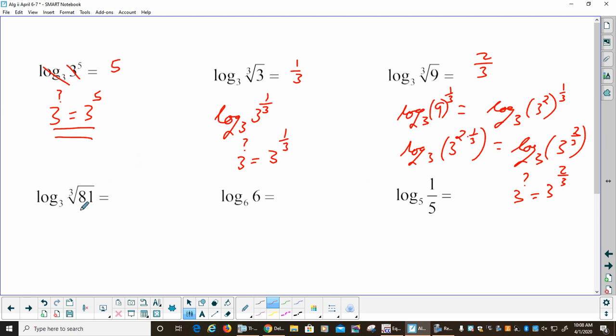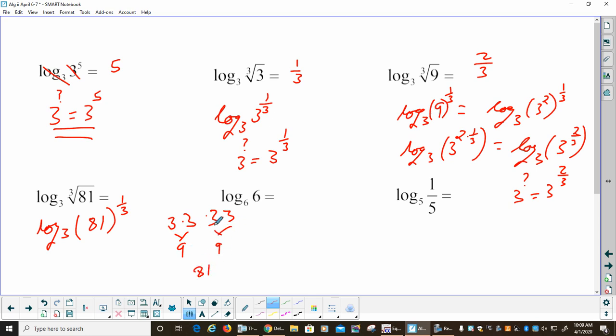Okay, that one's a little bit hard. Okay, let's try this one. It's log base 3 of 81 to the 1/3 power. Now 81, you should start to recognize. 81 is 3 times 3, which you know is 9, times 3 times 3, which you also know is 9. 9 times 9 is 81.